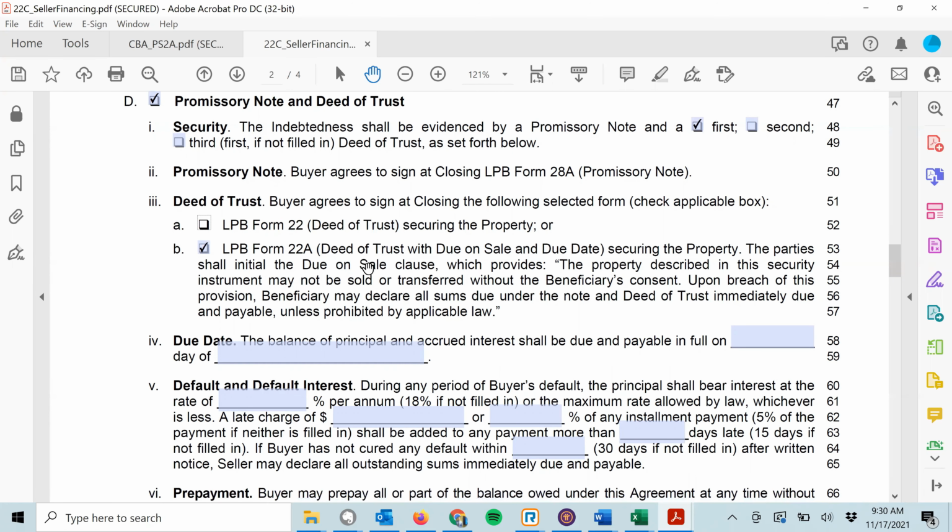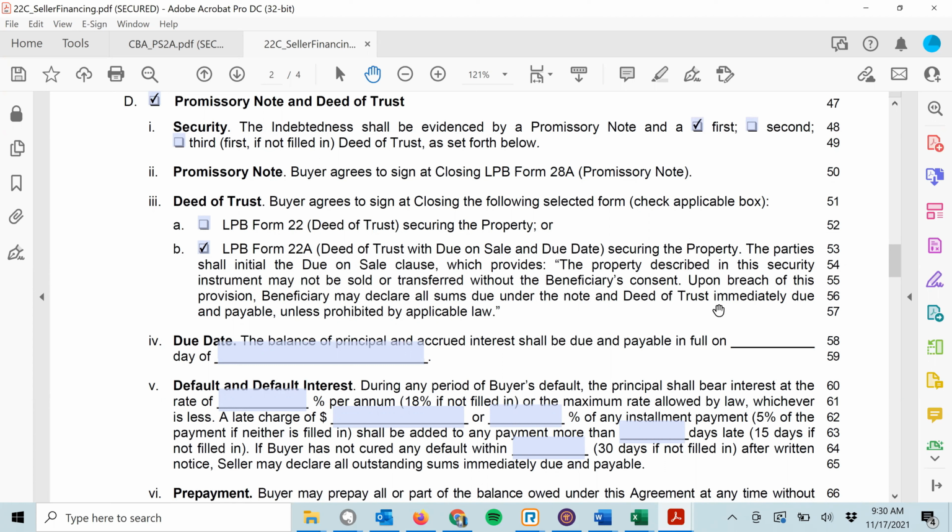All right. Due date, balance of principal and accrued interest shall be due and payable in full on, do you know how long they want this to be? So they want to do a 5-year balloon. A 5-year balloon. All right. So if they close on January 5th or whatever it happens to be, right? Mm-hmm.